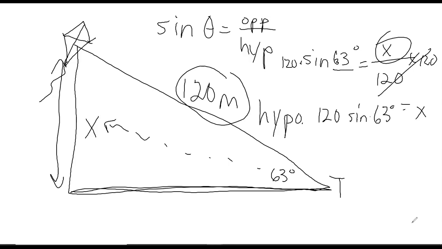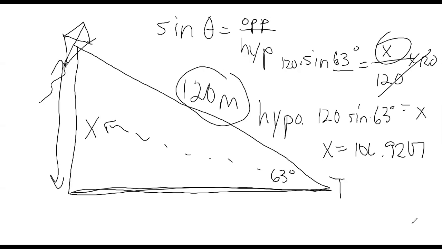And if I do that on your calculator, you need to do 120 times parentheses 63 sine, and make sure you don't have your second button on. Look at that button. Does it say sine or does it say inverse sine? Make sure you push the second button so that it says sine if you had it on before. And I get that x equals 106.9207, blah, blah, blah.